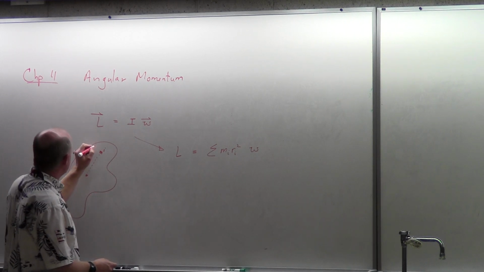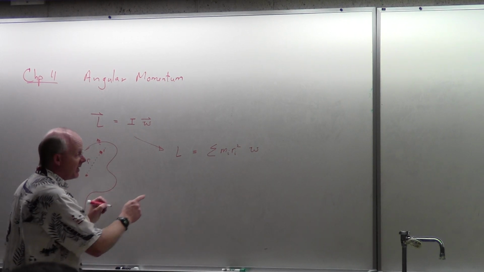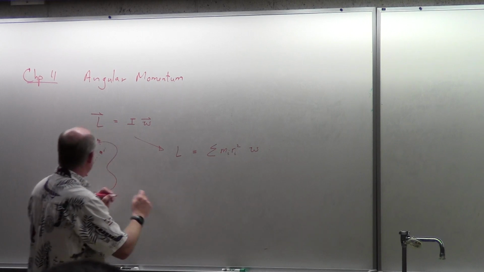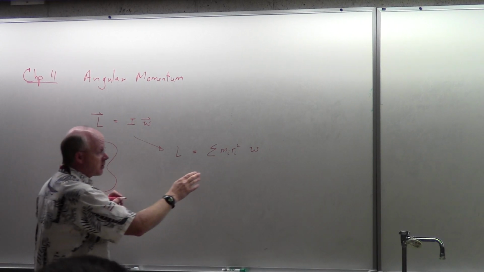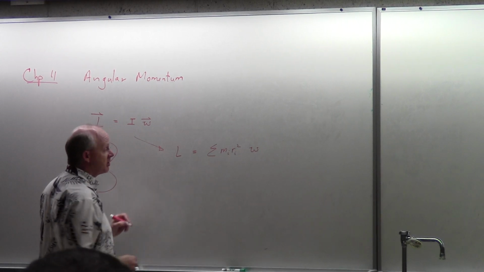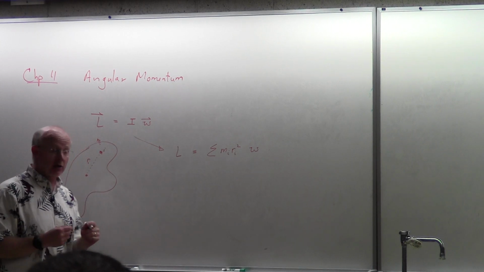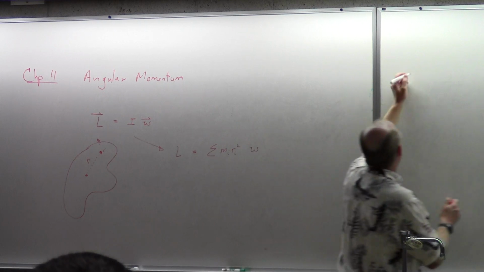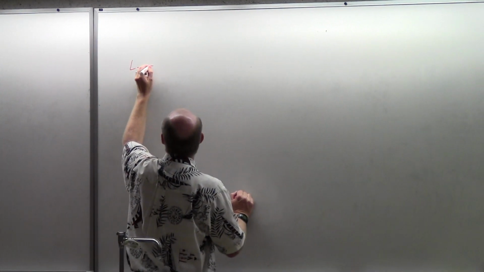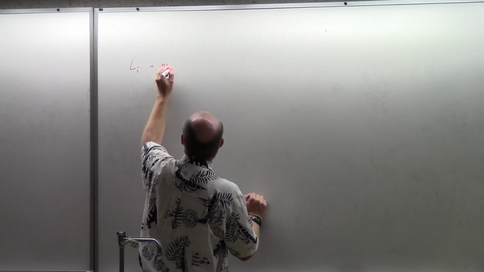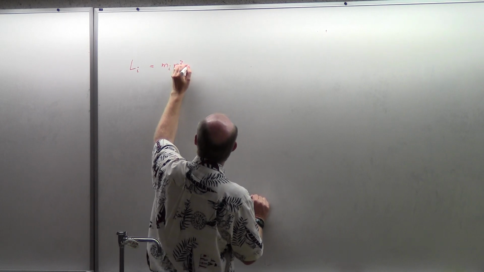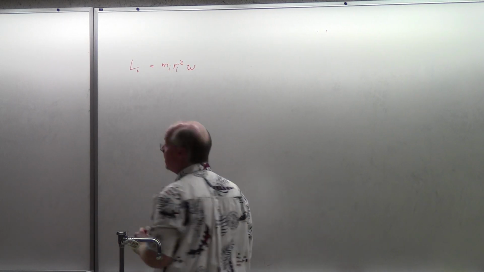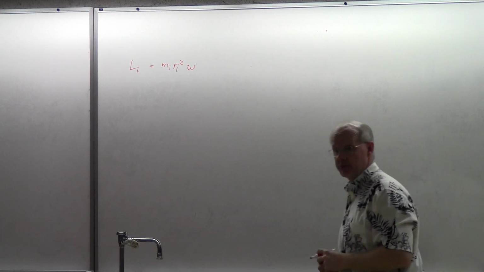It means that this chunk has a mass of m sub i, so there's the chunk. It is at some distance r sub i. If you square it and multiply it by its angular speed, that would be the angular momentum of that ith piece. In other words, the angular momentum of the ith piece is the mass of that piece times the radius squared of that piece times its angular speed. Fair enough?